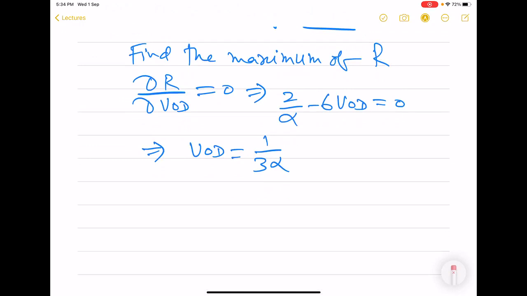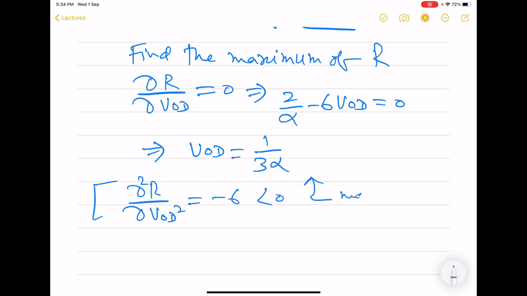So we can just find out the second derivative. And this turns out to be negative. So that means this gives rise to maximum value, not the minimum.